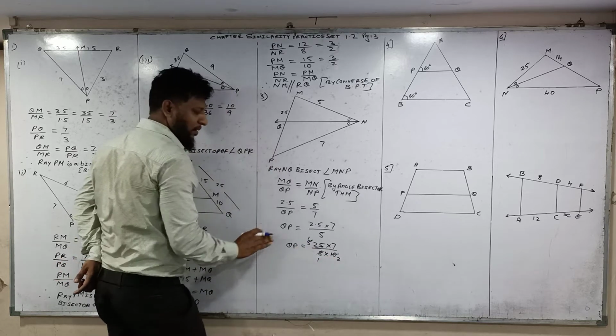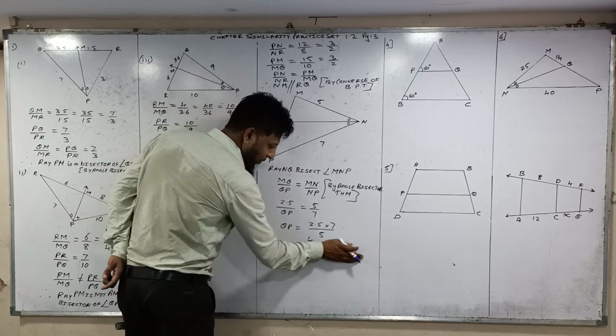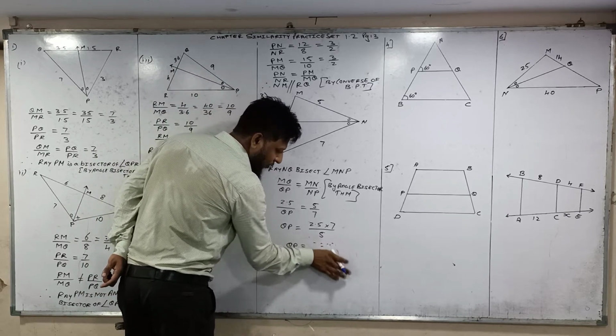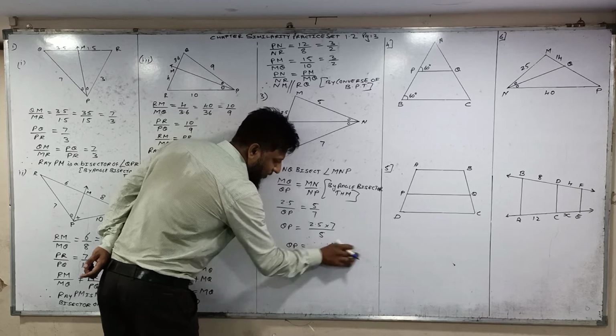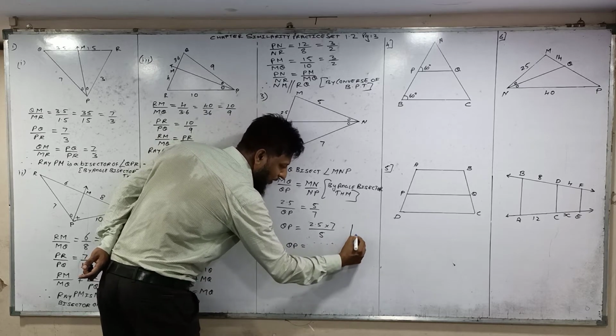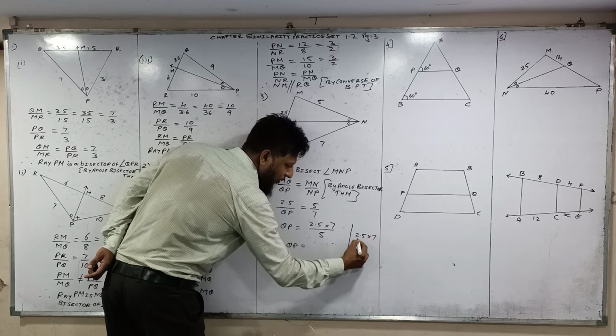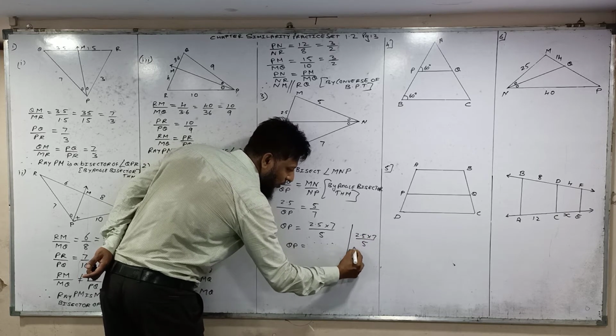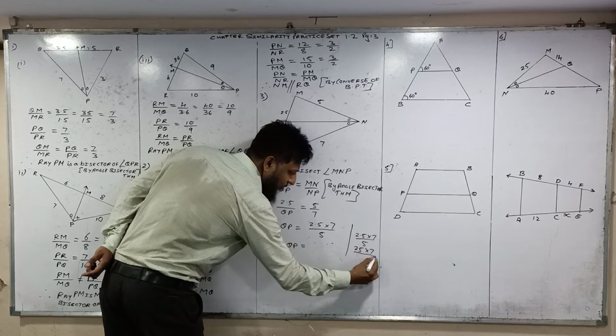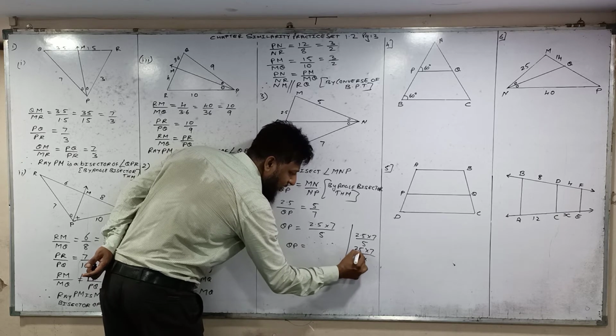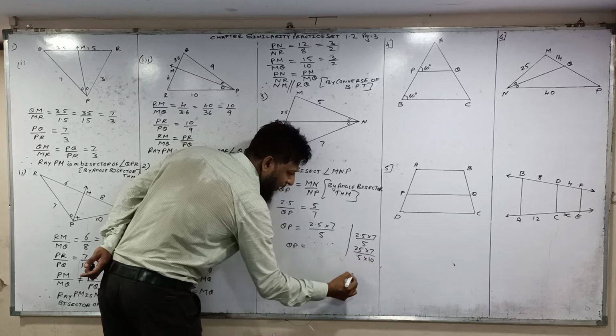Never cancel directly in the sum in your exam. What you have to do is draw a working over here: 2.5 into 7 upon 5. So 25 into 7, 5 as it is, and after removing this decimal, take 10.